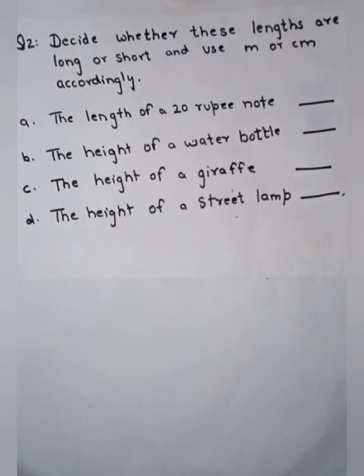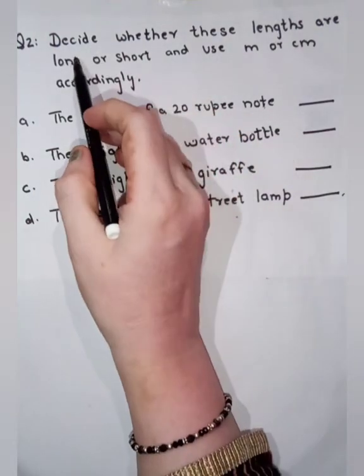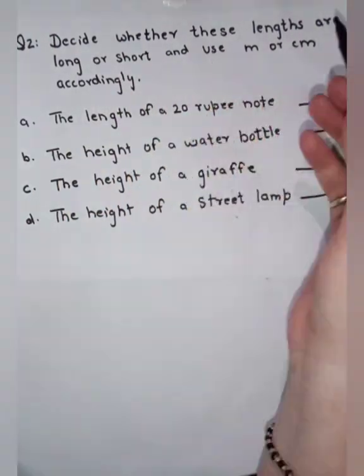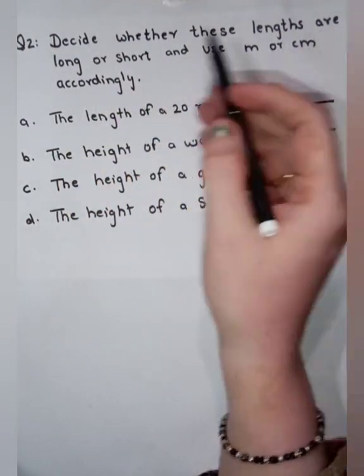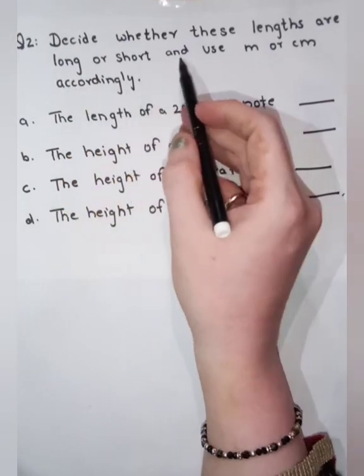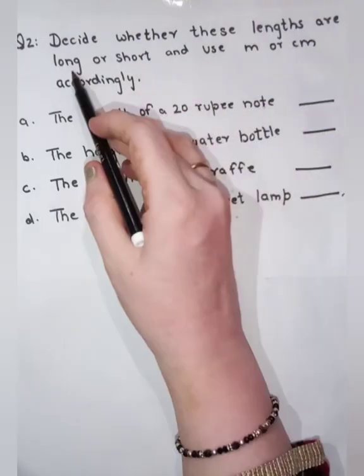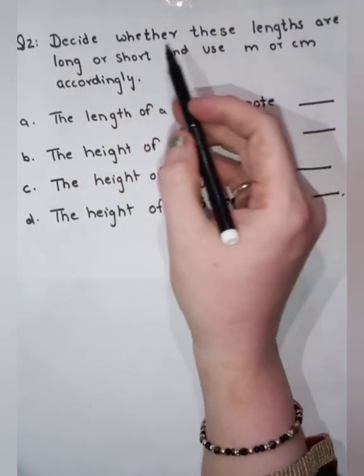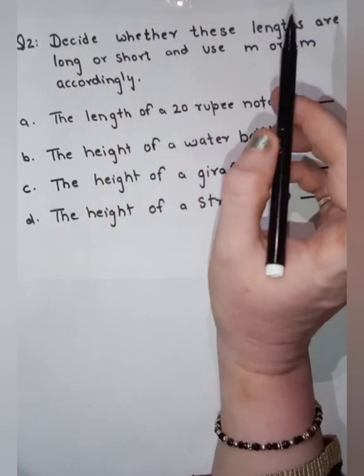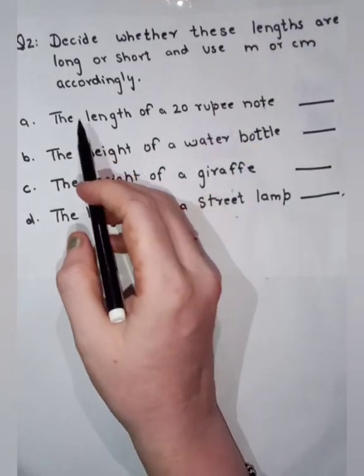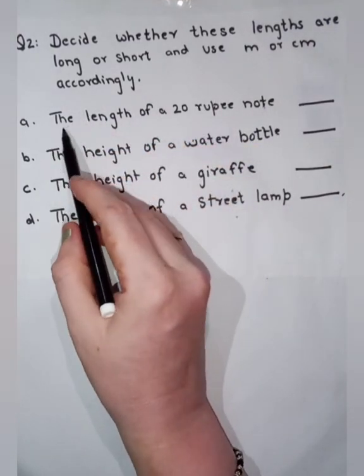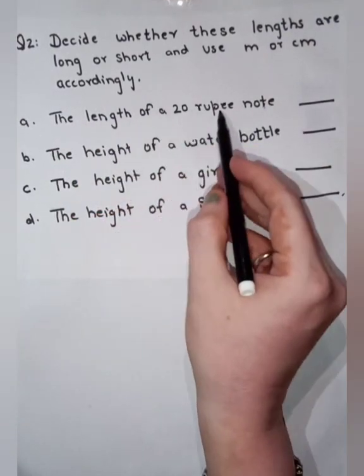Students, our next question is, decide whether these lengths are long or short and use meter or centimeter. Long, meter; short, centimeter. Okay? First one, the length of a 20 rupee note.